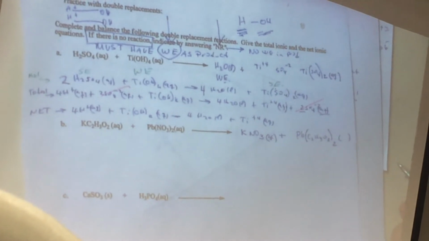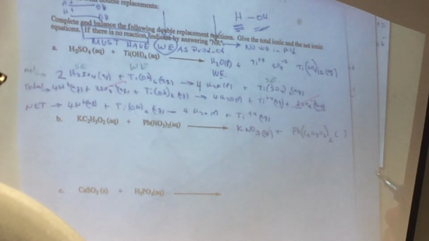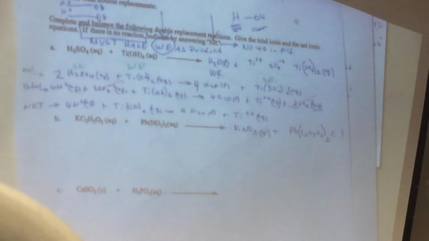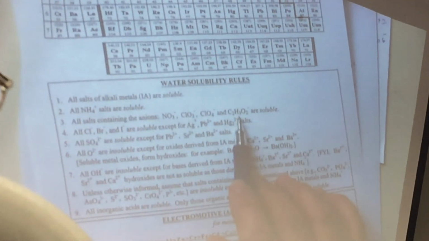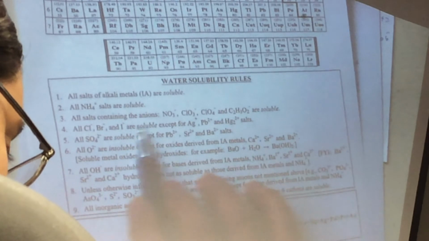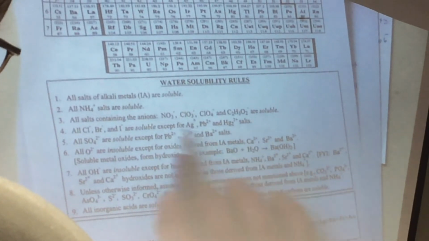Lead acetate. According to rule number 1, and where are you looking? Solubility rules, because it was a salt. And what happened? It's rule number 3, and that's a pretty blanket rule, isn't it?